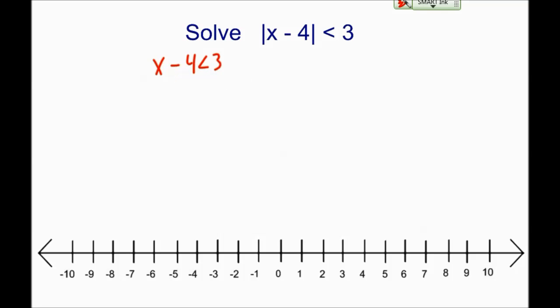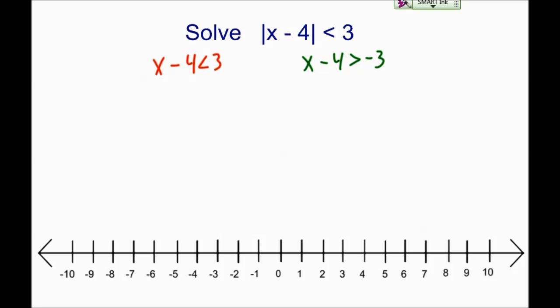Before I solve this, I'm going to set up my other inequality, and that one is x minus 4 is greater than negative 3. So what we do is we set it up, we drop the bars, then we flip the inequality, and take the number that's positive and make it negative.